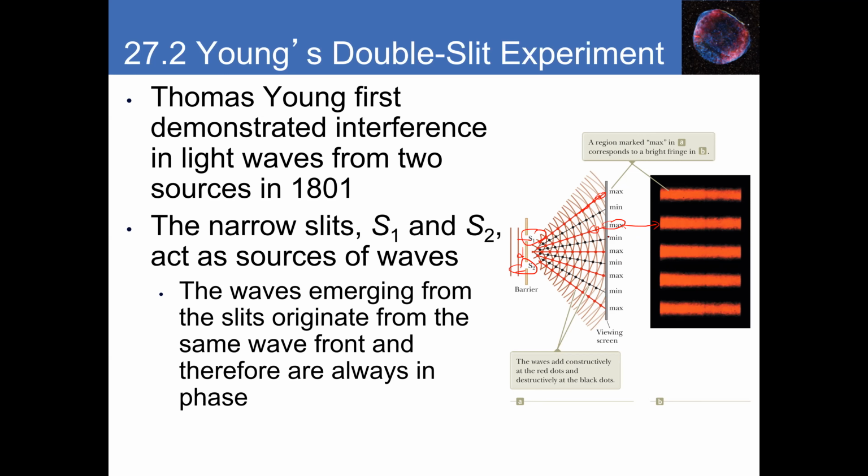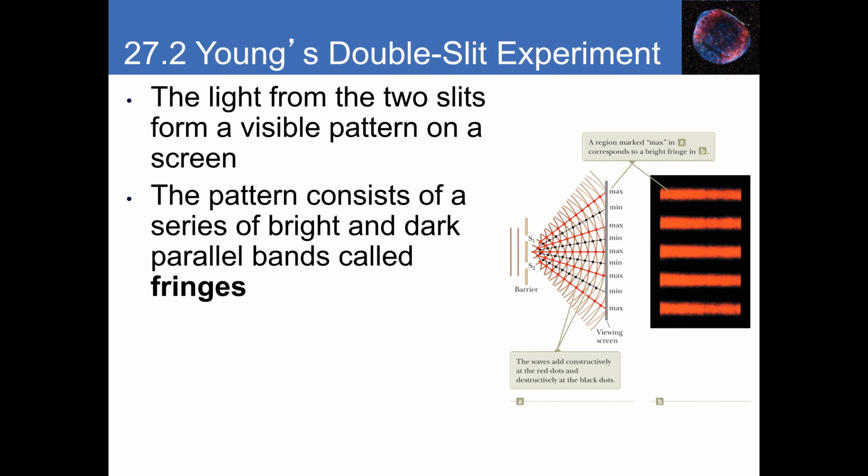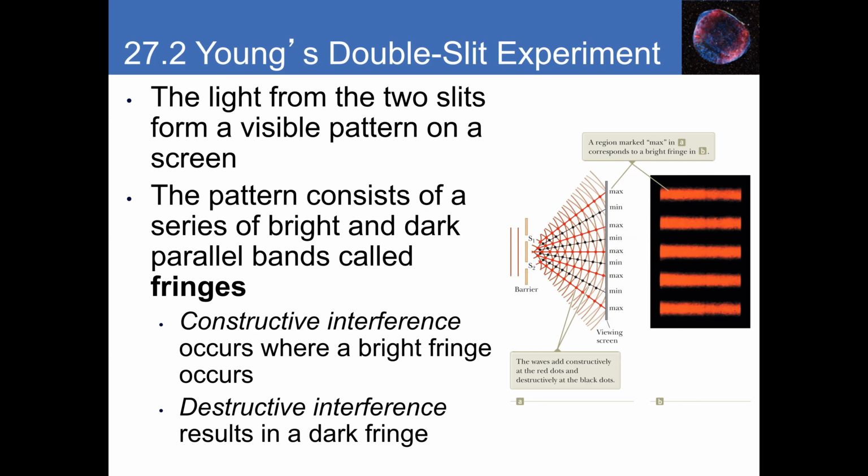Where the waves interfere destructively, you get a dark fringe. So bright, dark, and so on and so forth. The light from two slits forms a visible pattern on a screen, and the pattern consists of a series of bright and dark parallel bands we call fringes. Again, constructive interference occurs when the bright fringe occurs, and destructive when the dark fringe occurs.